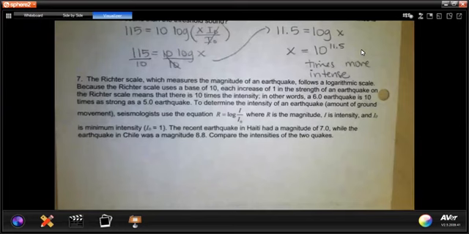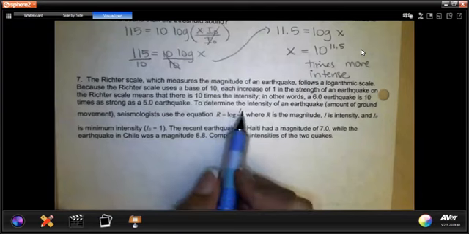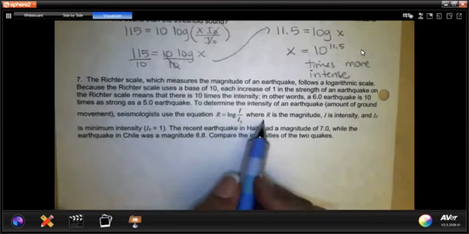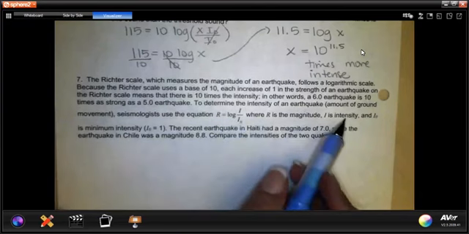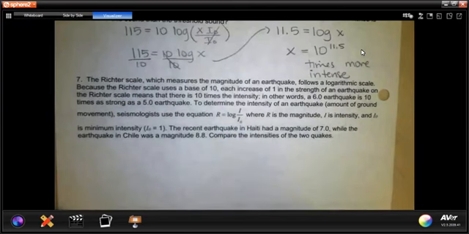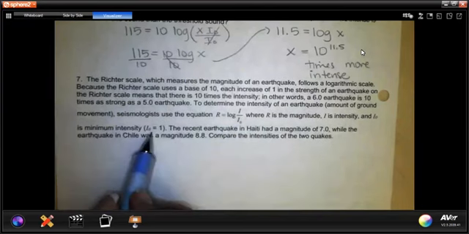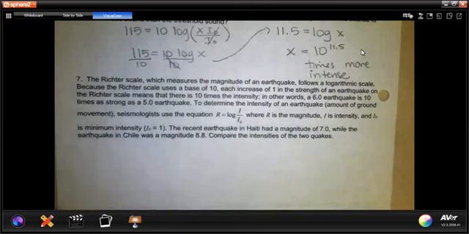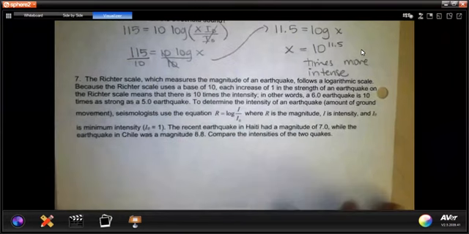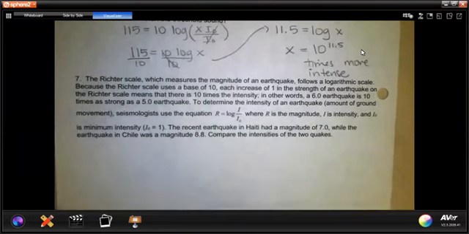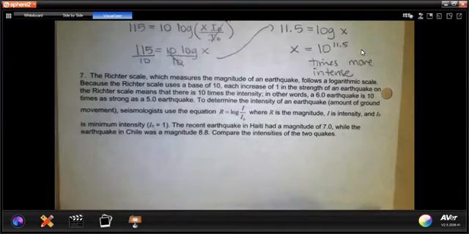To determine the intensity of an earthquake, which is the amount of ground movement, seismologists use the equation R equals log of I over I naught, where R is the magnitude, I is the intensity, and I naught is a minimum intensity. For this problem, we're going to use I naught as 1. The recent earthquake in Haiti had a magnitude of 7.0, while the earthquake in Chile had a magnitude of 8.8. Compare the intensities of the two earthquakes.